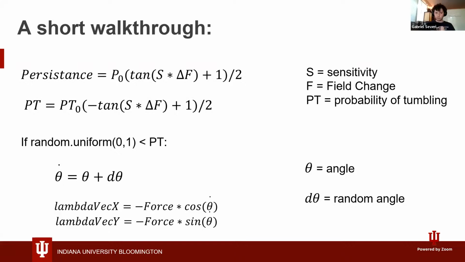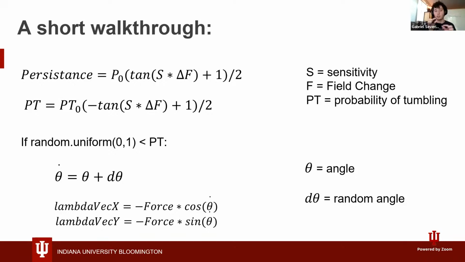Basically, what we're giving the algorithm is just one input: the concentration of the field at its location, and it only gets a small memory, only 10 time steps, along with the change in the field concentration.